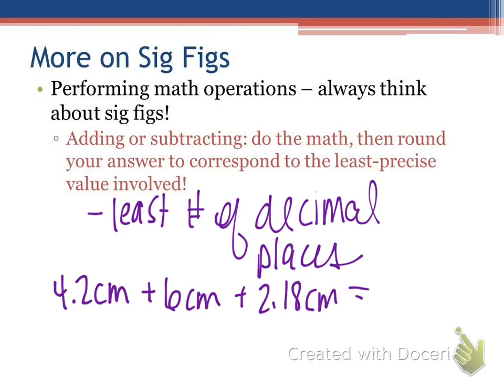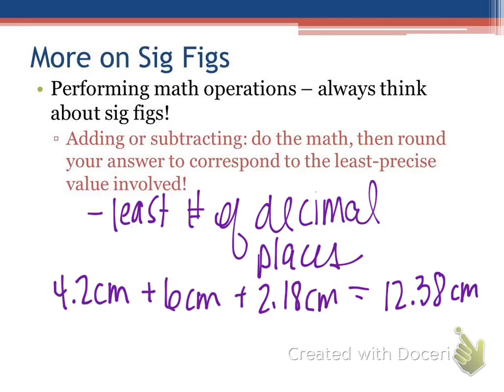Adding gives us a raw answer of 12.38. Is my answer more precise than one of my measurements? Yes, which is not allowed.